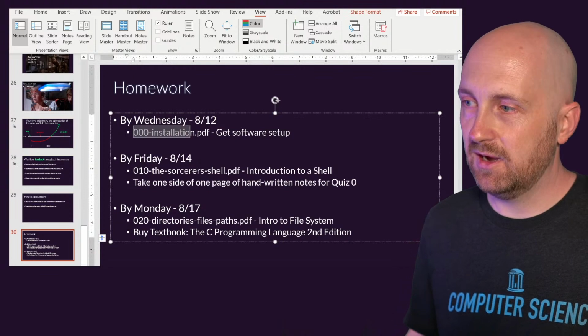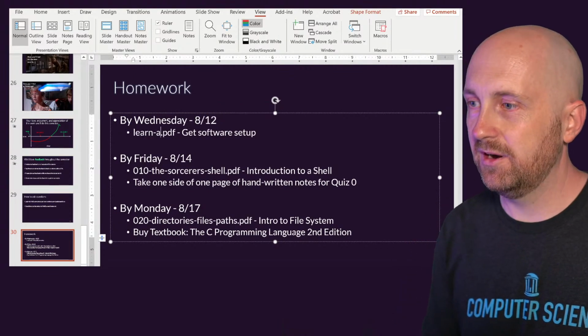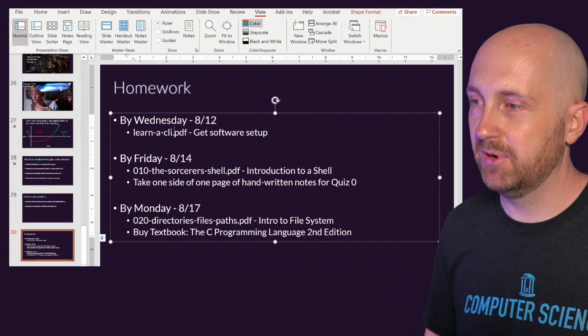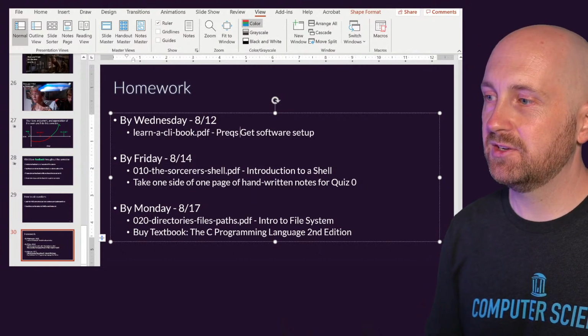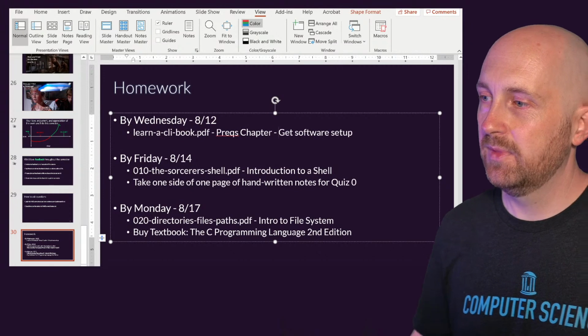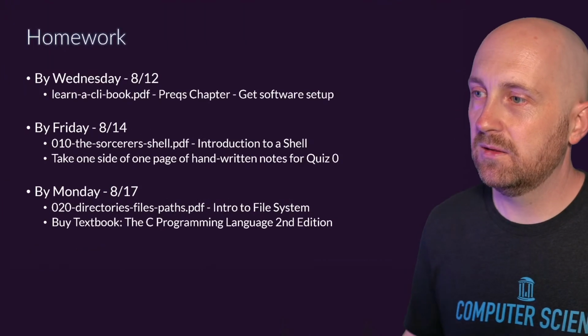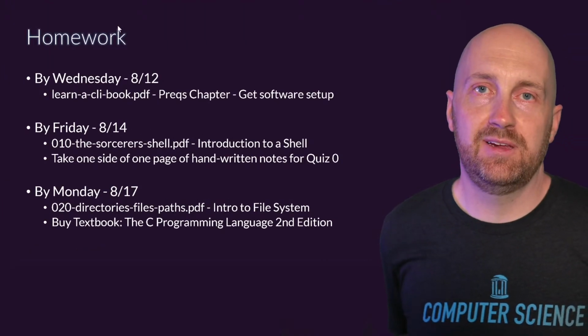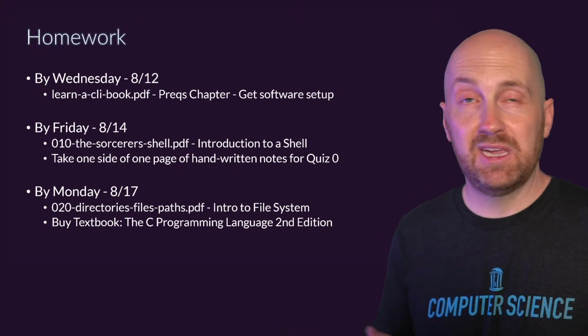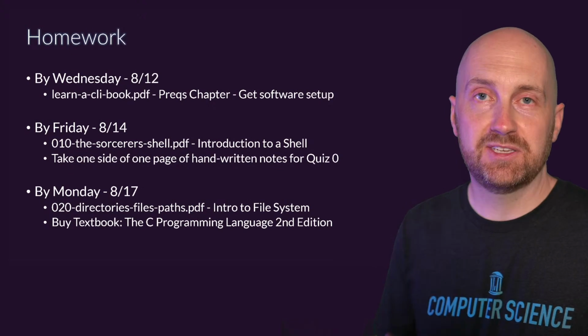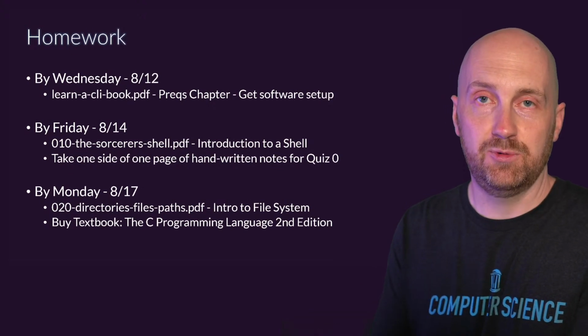This is the Learn a CLI PDF book, and it's the prereqs chapter. I'll link out to this as well, but it's effectively the prerequisite for getting started in the book: being able to run that command line interface in a Docker container, just like we showed you.